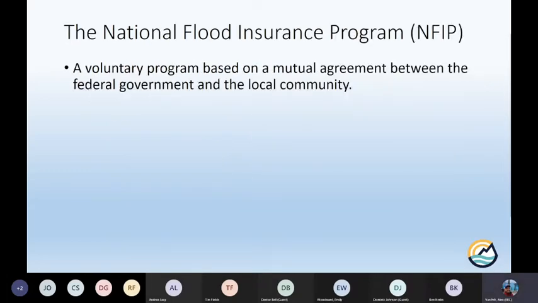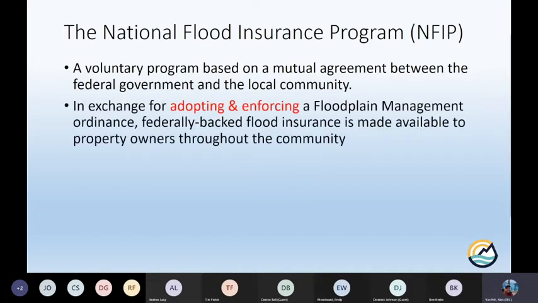NFIP is voluntary. We've got about 45 or so communities total in Kentucky that don't participate, but the vast majority do. Over 350 communities are in the NFIP. The way the program works is your community agreed, whenever you got into the program, to adopt and enforce your local floodplain ordinance.